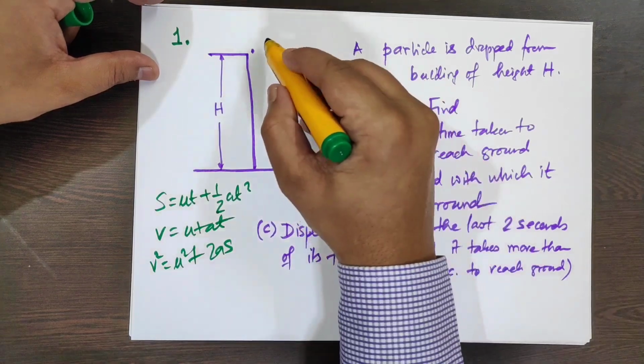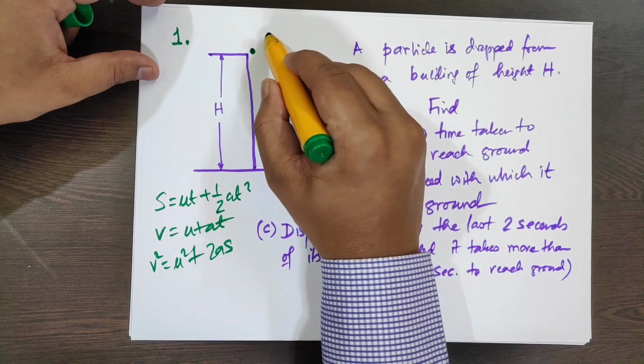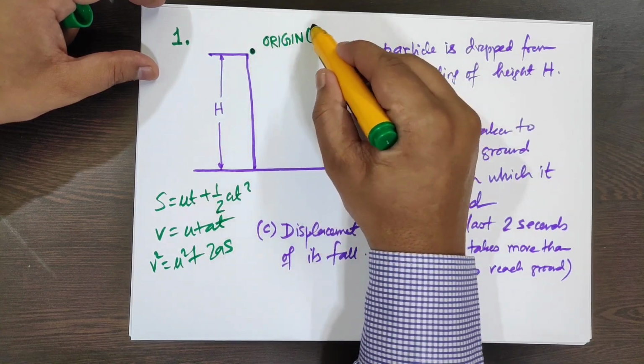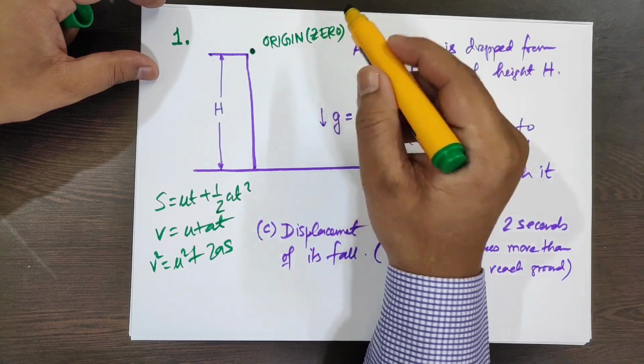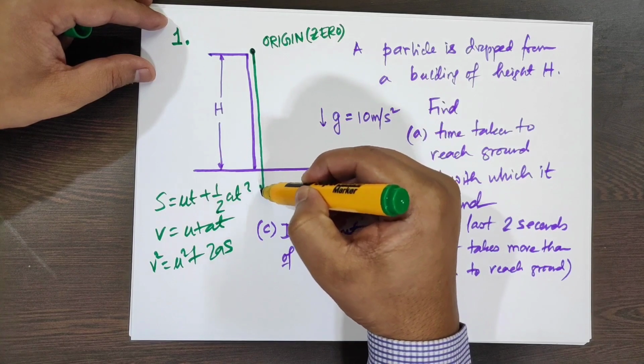So first we have to choose a zero of the coordinate system, and we have to choose a direction, say I choose this as the positive direction.